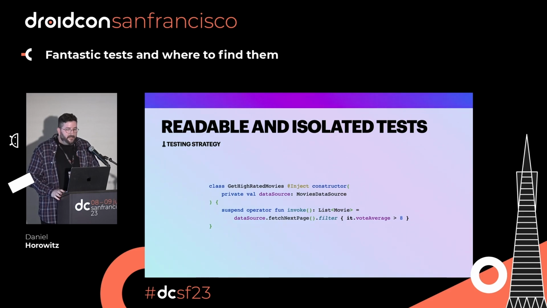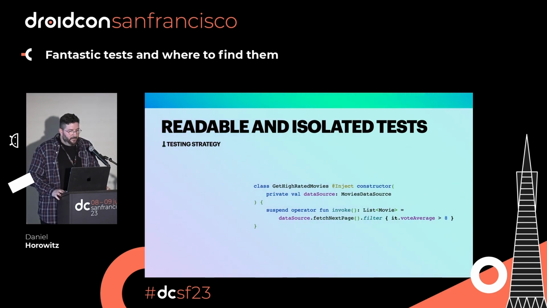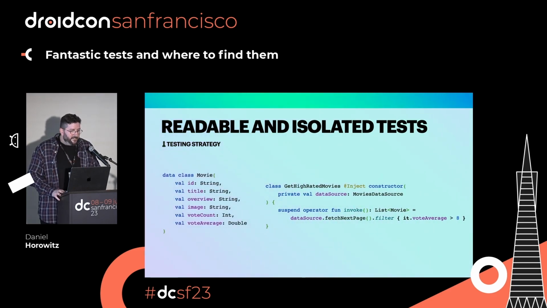So everything is based on this field. All the logic is based on this field. So if it has a higher vote average than 8, it is considered a high-rated movie. Right? So you have this whole data class, but you're just using one field to do this. So it's a very common use case.